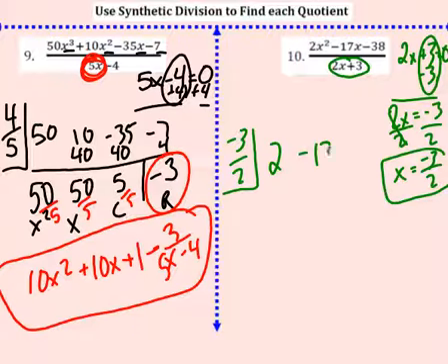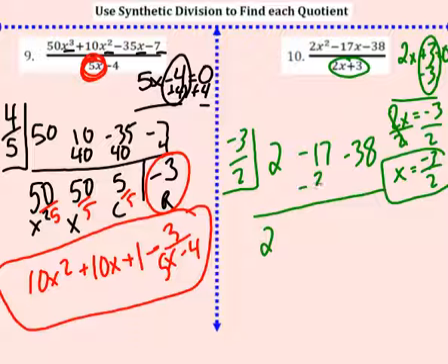I have 2, negative 17, negative 38. 2 divided by 2 is 1 times the negative 3 is negative 3. Negative 17 plus negative 3 is negative 20. Alright, negative 20 divided by 2. Actually, let's go a negative and a negative, make a positive. And then 20 divided by 2 is 10 times 3 is 30.